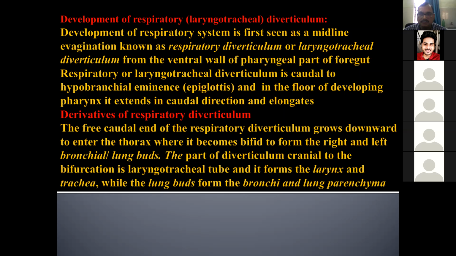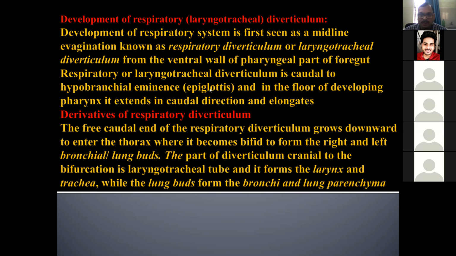So what happens in the beginning? A midline evagination is formed. This midline evagination is known as the respiratory diverticulum or laryngotracheal diverticulum. Where is this midline evagination taking place? It is forming in the foregut. The respiratory or laryngotracheal diverticulum is caudal to the hypobranchial eminence.